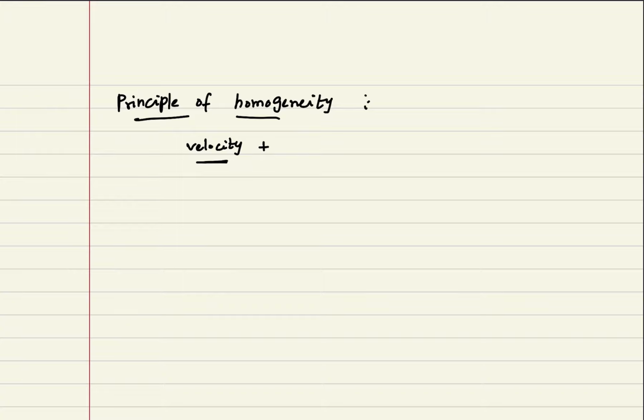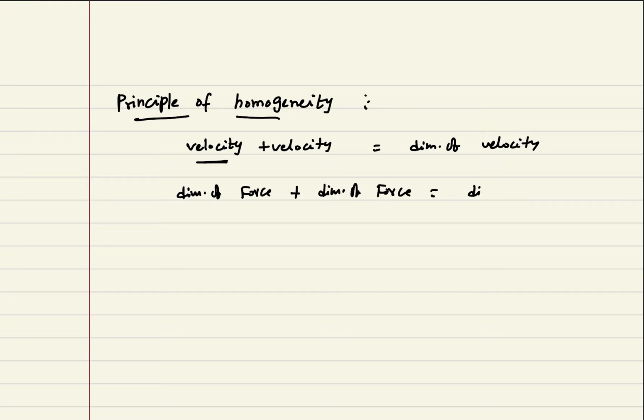Suppose I take velocity, I can add velocity with velocity dimensions only. Finally I will get the dimension of velocity only. If I add the dimension of force with one more dimension of force, finally I should get the dimension of force only.